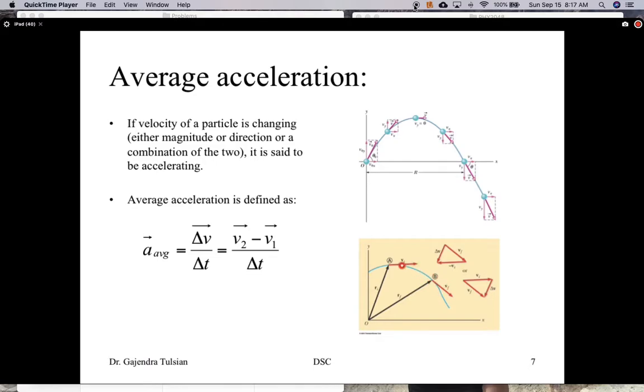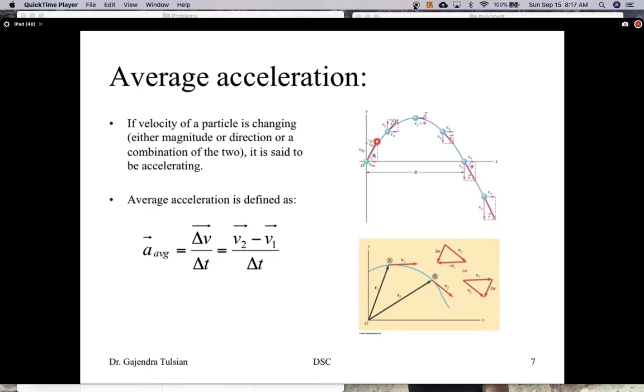Now you can see obviously the velocity changes. The velocity can change by changing its magnitude, that's the speed, or changing direction. In this case, direction is changed, and it also seems like it slowed down a little, so the magnitude has changed as well. Anyway, you will have acceleration as long as the velocity changes. It doesn't matter how: it could be just the magnitude changing, just the direction changing, or both.